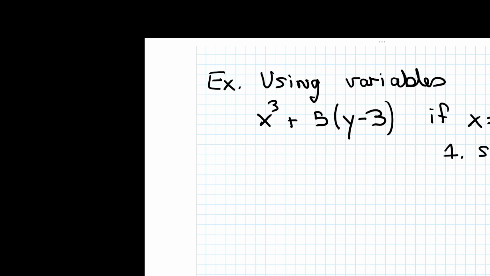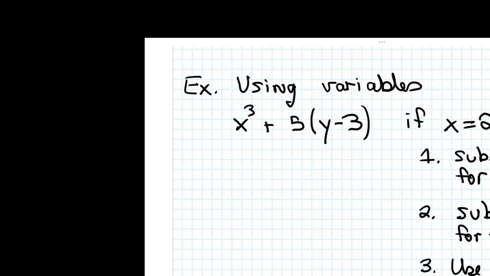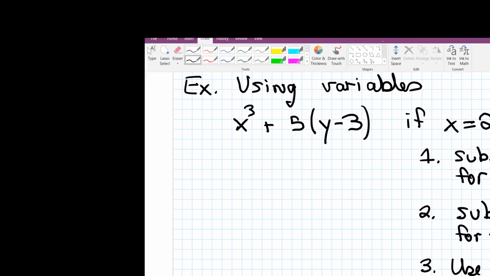Substitute 2 in for x. Substitute 12 in for y. Step 3, use order of operations. And then step 4 would be evaluate. So let's go ahead and plug in first. Are you ready? Yes?